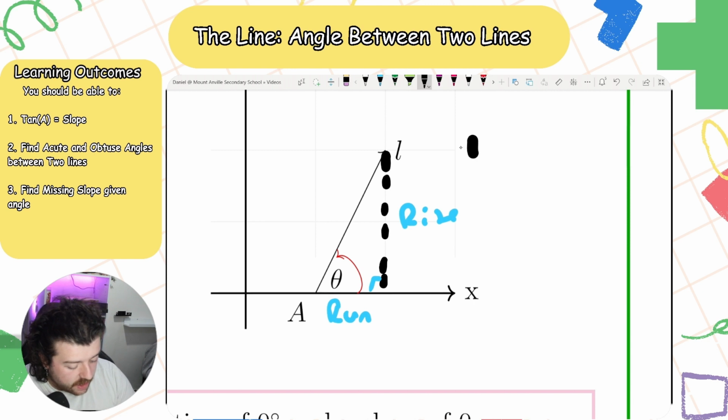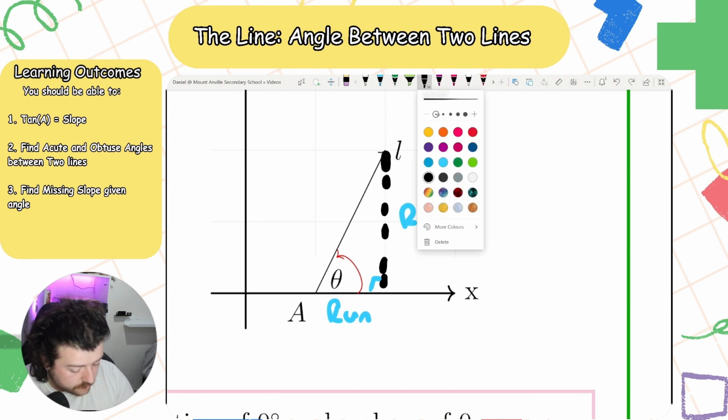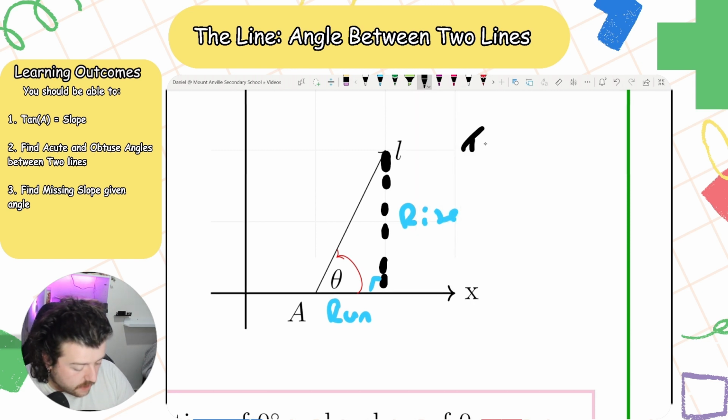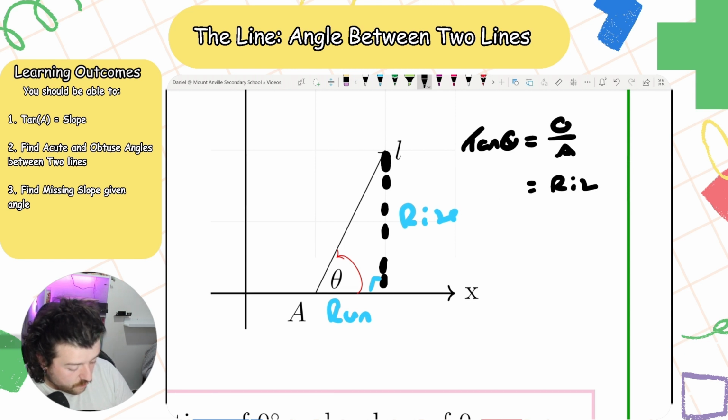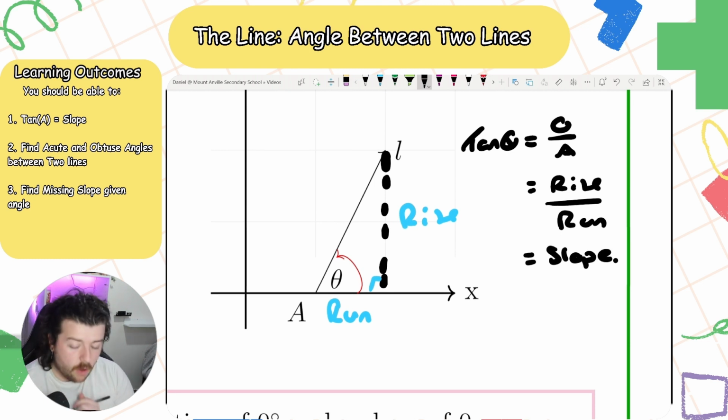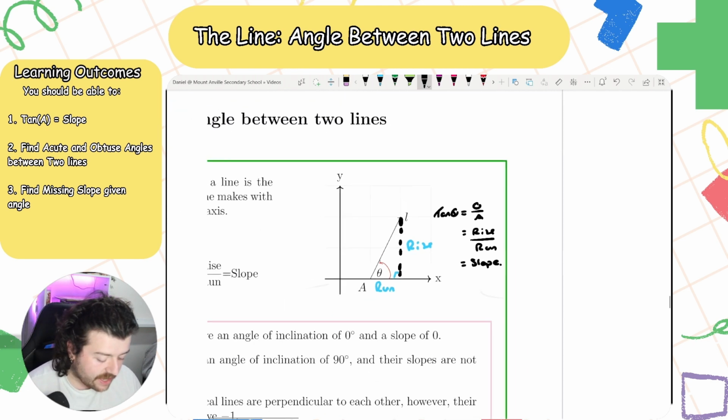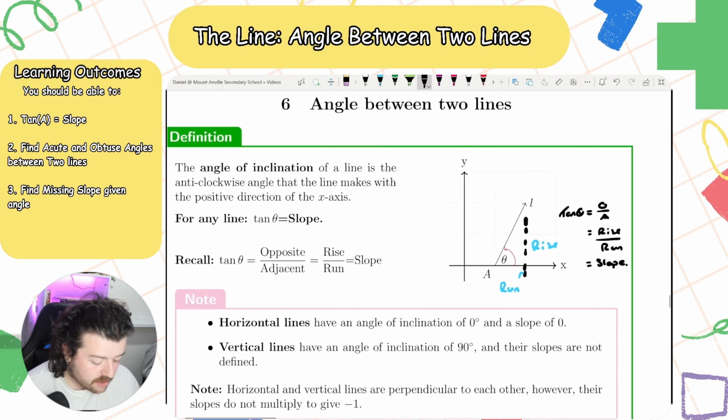So tan of an angle is equal to opposite over adjacent, which in this case is the rise over run, which is equal to the slope. So I know the tan of my angle of inclination of a line gives me my slope.